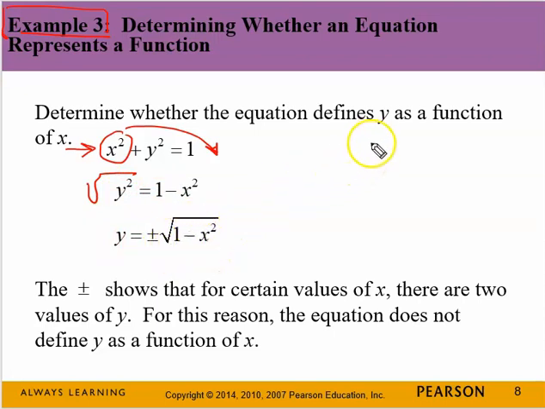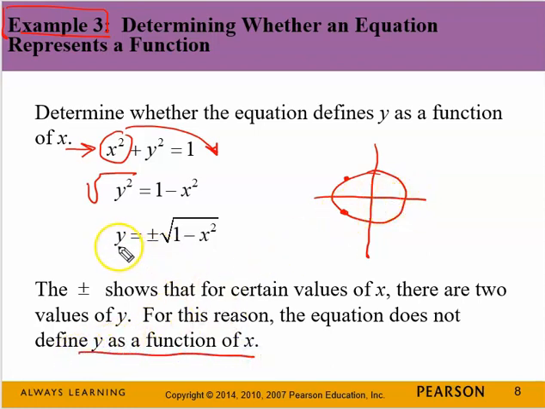Write that down. Now when we graph this, it ends up looking like a circle right around the origin. Now notice that there's an x value there and there's an x value there. So the x values throughout this area enclosed by the circle are used more than once. So this does not define this y in this equation as a function.